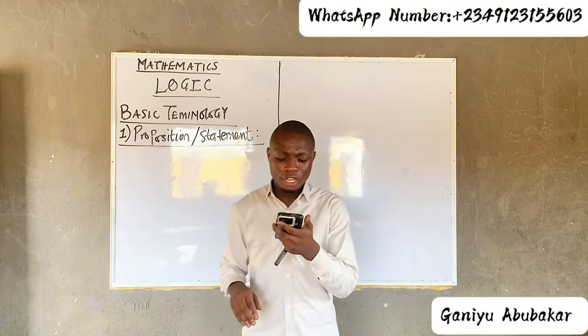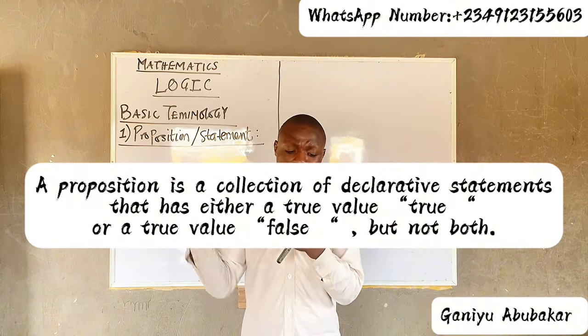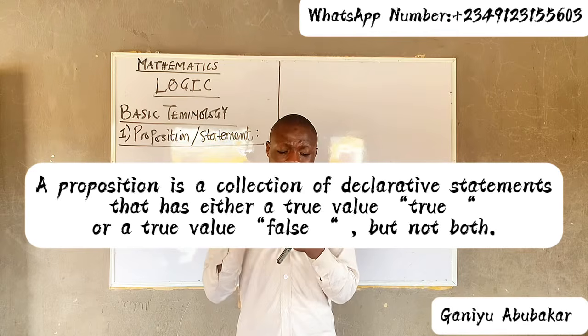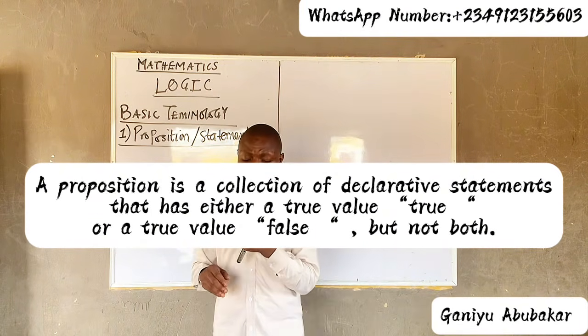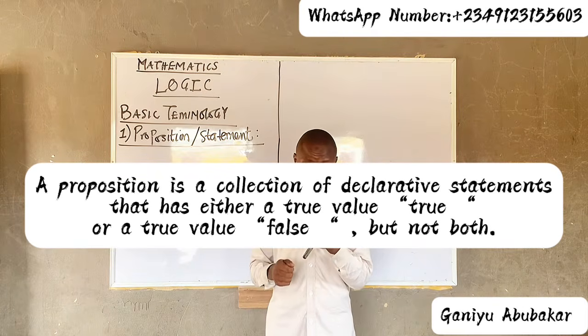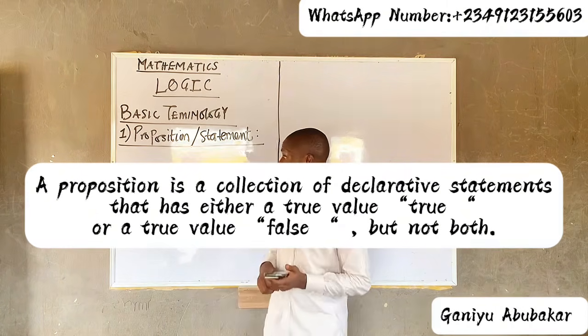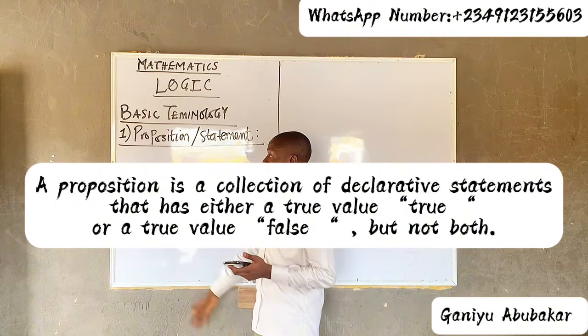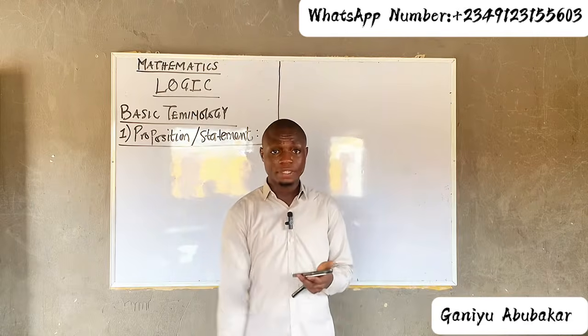Definition, please. A proposition is a declarative statement that has either a true value, true, or a false value, false, but not both. So that's your definition of a propositional statement.